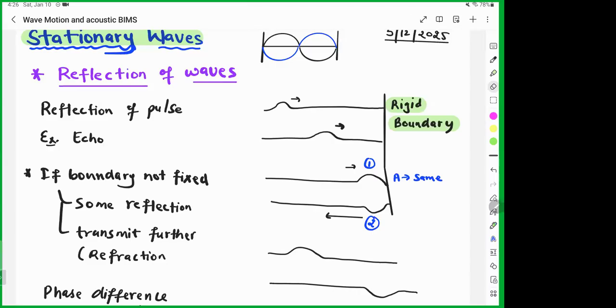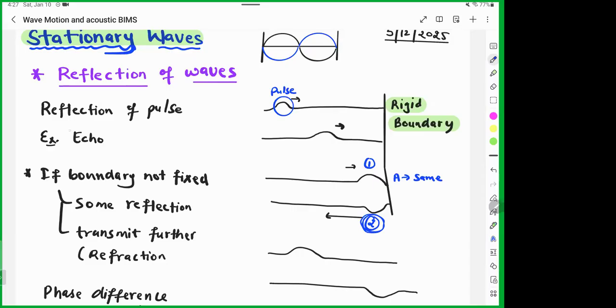Okay. So what formed here is a pulse. It will hit the rigid surface and will go back like this, the lowest one.